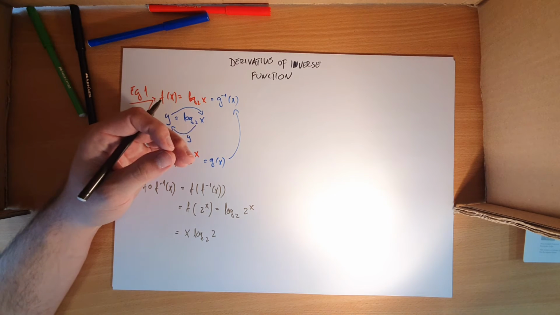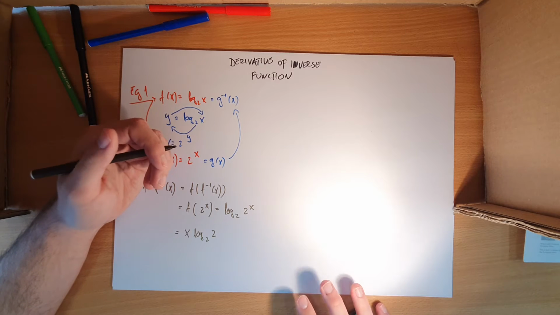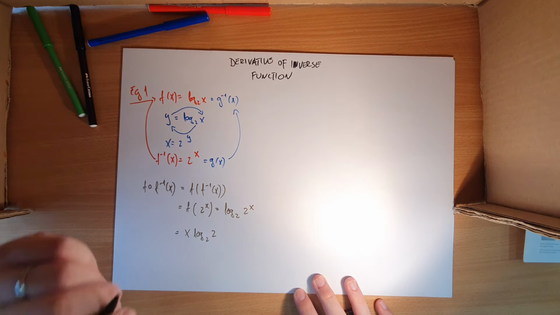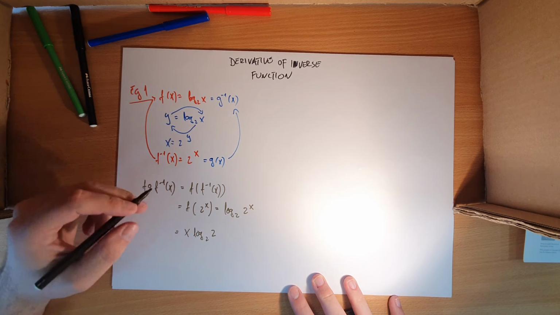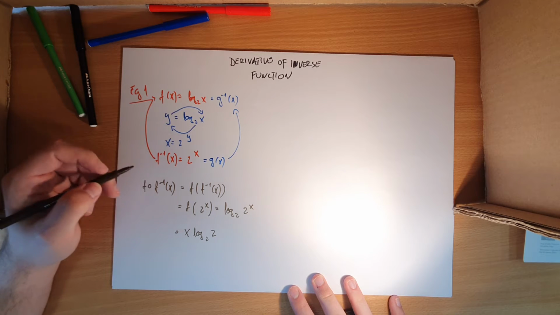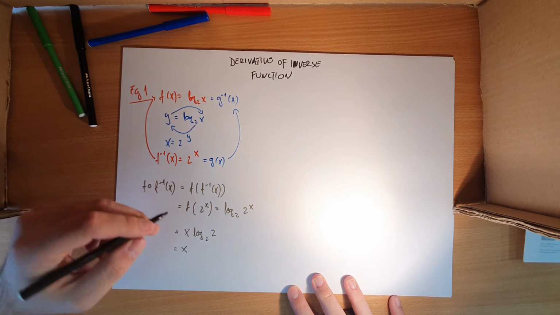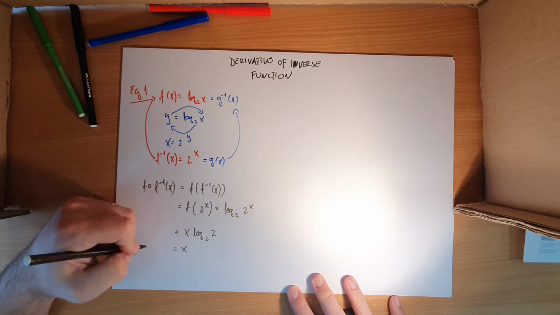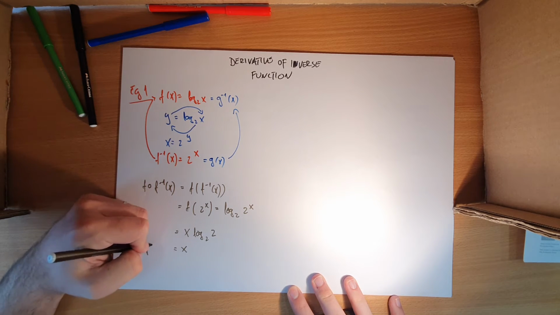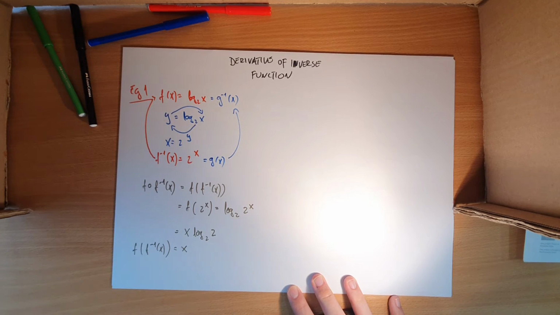If you think I'm not correct, you can try it with any positive base different than 1, and try it on the calculator, and you're going to get that it is equal to 1. What this means in the end is that f of f to the power of minus 1 of x is equal to x.